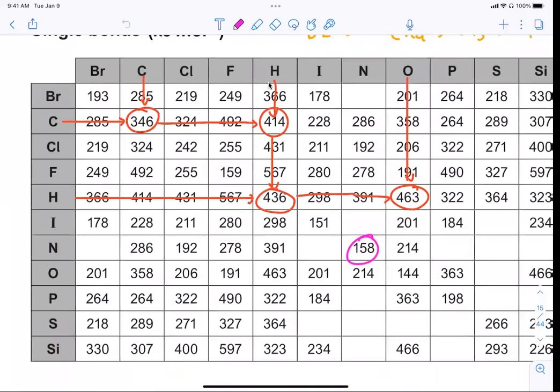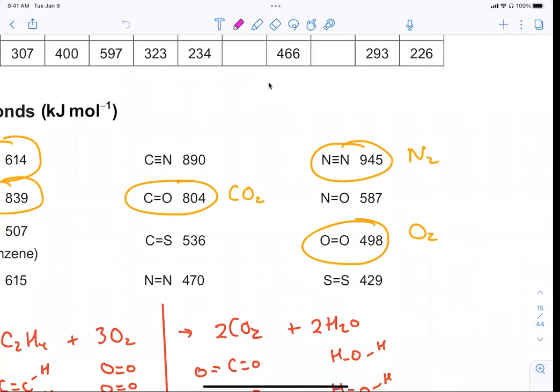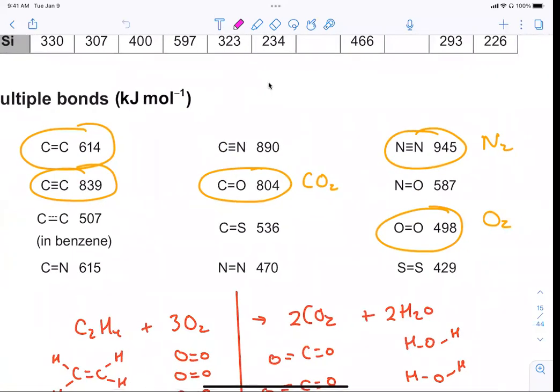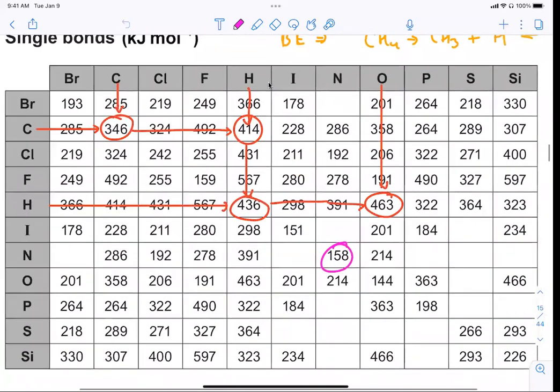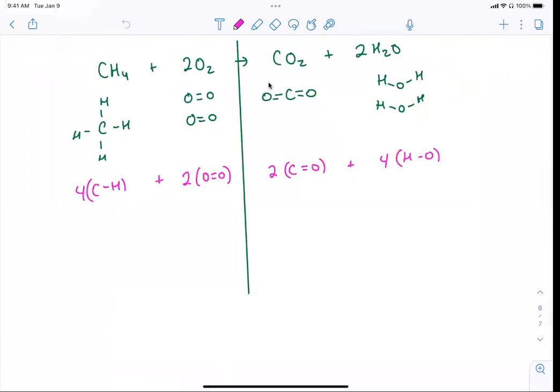It's a cross table, so you just draw two lines and find out where they intersect. So C to H is 414. O to O double bond is down here, which is 498. C double bond O is 804. And then OH is 463. So I'm going to write those down here.